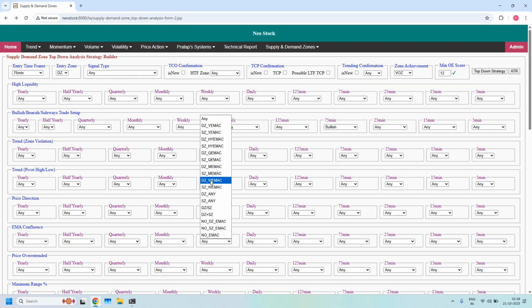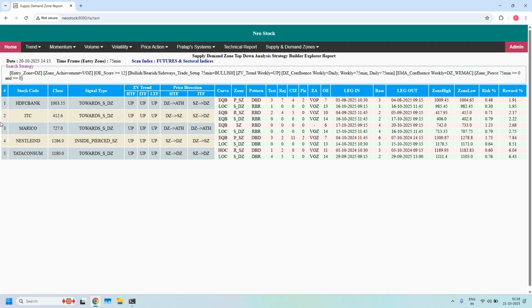Demand zone having weekly EMA confluence. At the same time, trend on the weekly should not be sideways, it should be uptrend, because it is bullish trade setup. Let's filter. We got 5 stocks. So these 5 75 minutes demand zones might be having more high probability to get success, provided lesson 20 checklist items are satisfied. Otherwise, higher chances of zone violation.